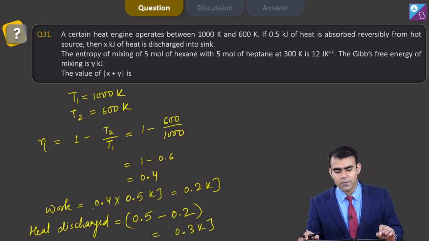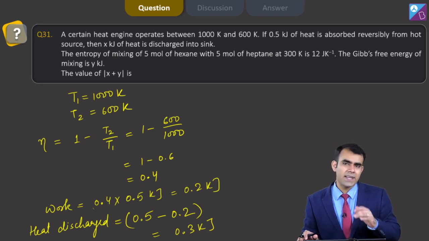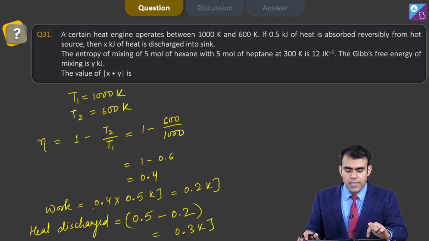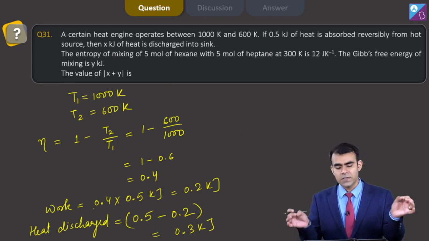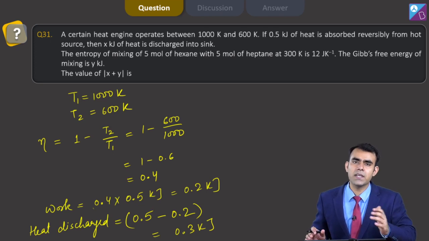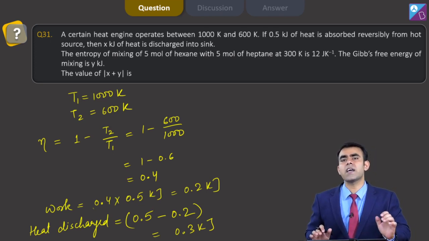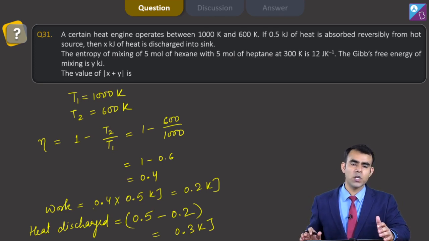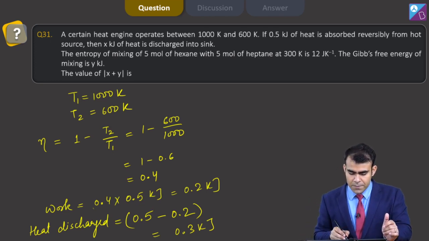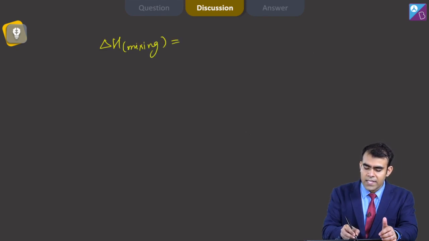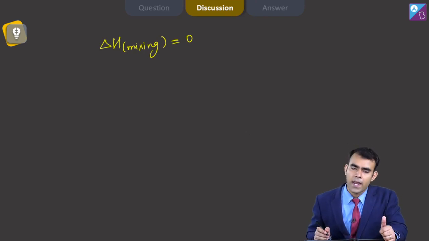Now in the second part, we are calculating the Gibbs free energy of mixing, and we know the entropy of mixing of two compounds, hexane and heptane. Hexane and heptane have similar types of interaction, which means they form an ideal solution, and if they form an ideal solution, I can say one thing: delta H mixing is 0 for hexane and heptane.